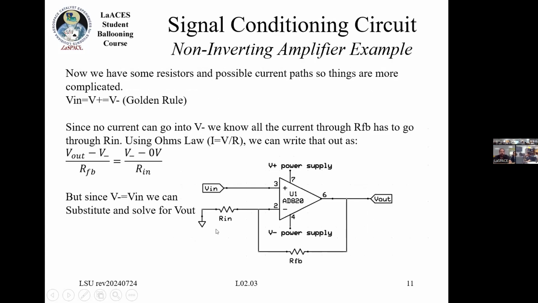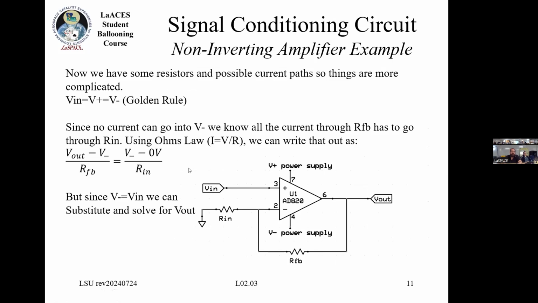So a slightly more useful circuit that actually creates an output is you put a resistor here that's called a feedback resistor. And now you can have a little bit of current come through here, and now all the voltages aren't the same, right?